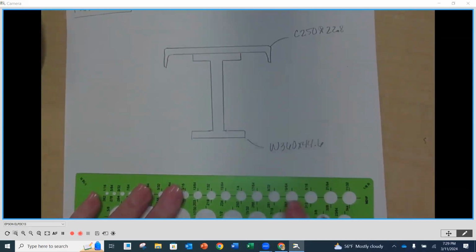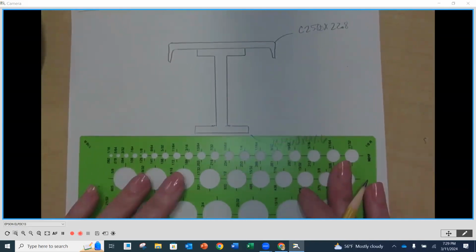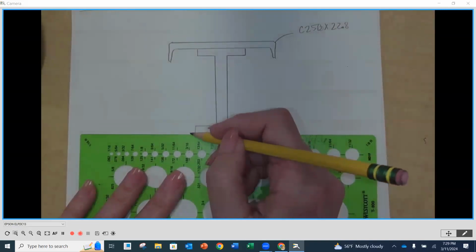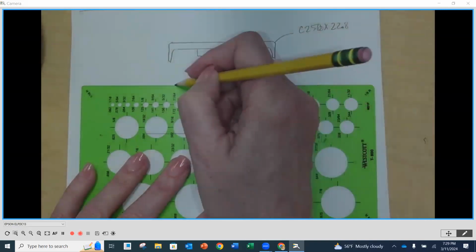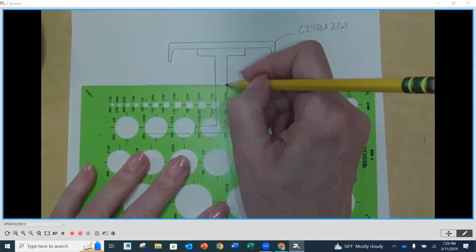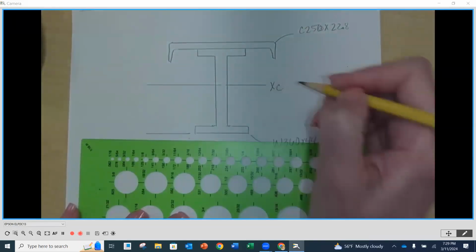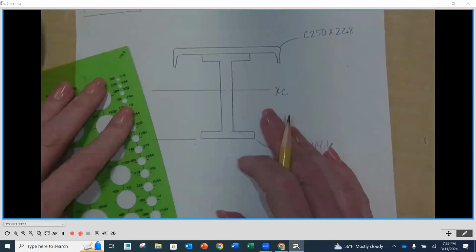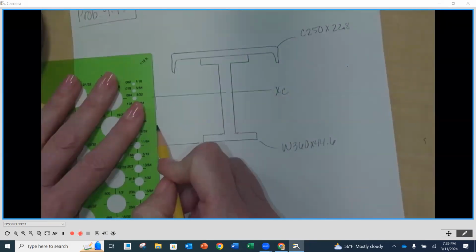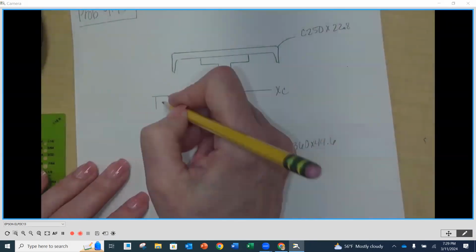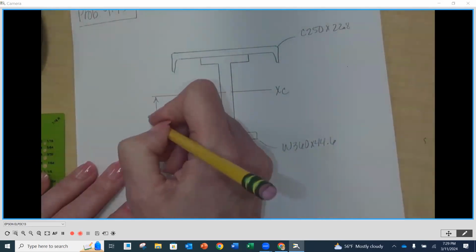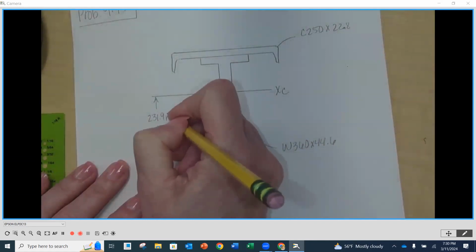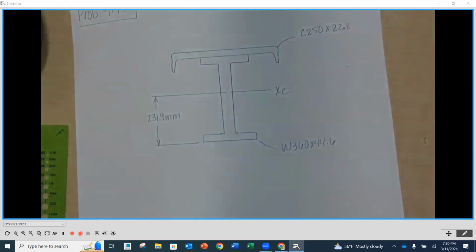Now from the bottom of our part, they gave us the X centroidal axis. So this is the X centroidal axis, and they gave us this dimension to be up from the bottom, 231.9 millimeters.